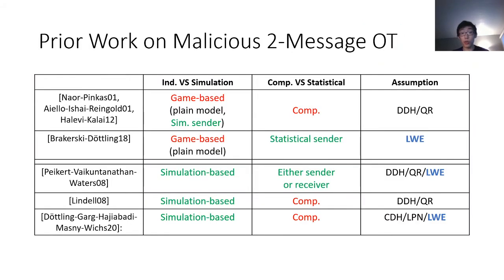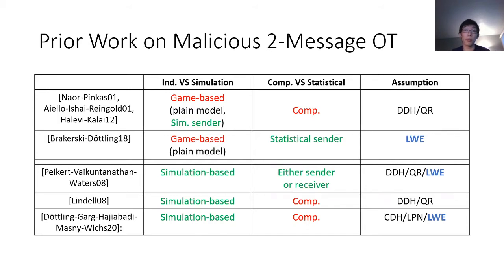So here's a quick recap of what I think are the most notable works in constructing two-message OT. It turns out that there are not that many constructions. And in terms of simulation-based security, there are actually very, very few works. That's the lower part of this table.